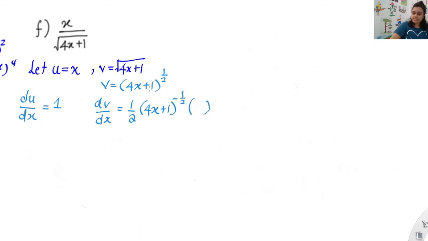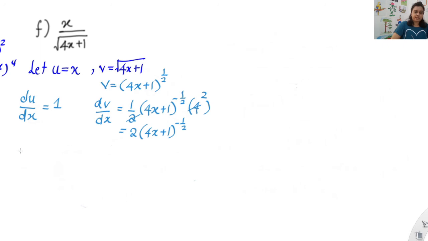Then differentiate inside the bracket, don't forget this. You'll get 4. So 1 over 2 times 4 gives 2. So this is 2(4x plus 1) to the power of negative 1 over 2.